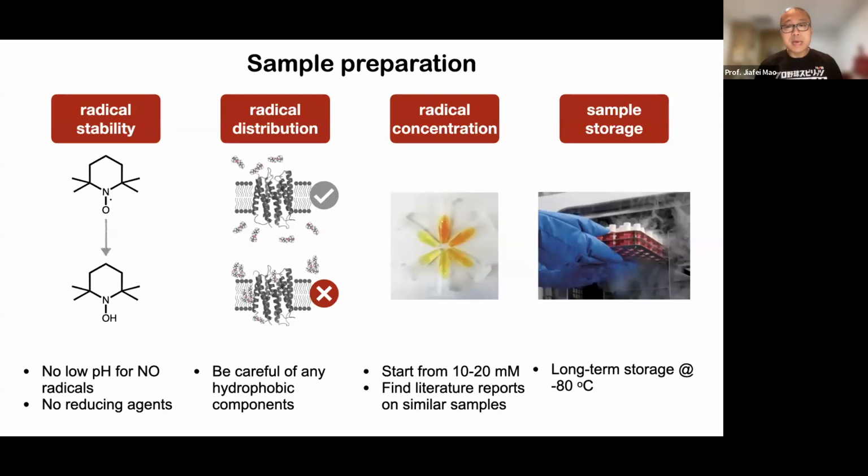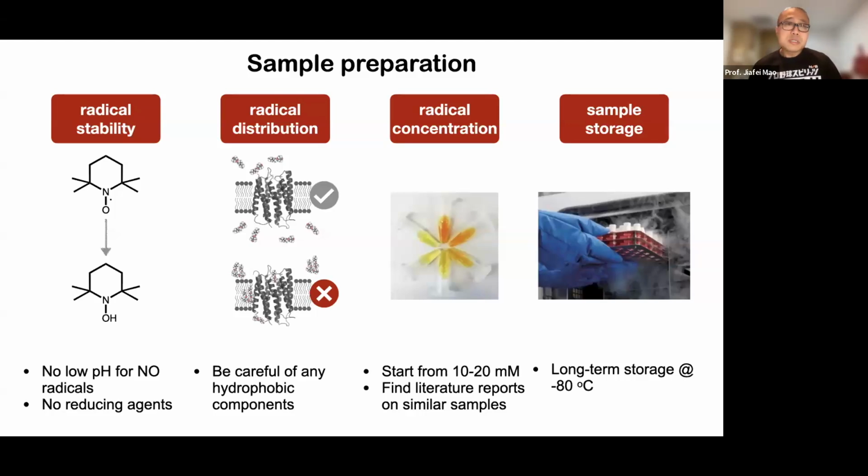Of course, we also have to think about the radical concentration. What I can give you as a tip is usually start from 10 to 20 millimolar for these radicals. They tend to always be optimized in this region. And again, if you find a similar system in the literature, then just take a look at similar cases and start your optimization, if necessary, from those records.